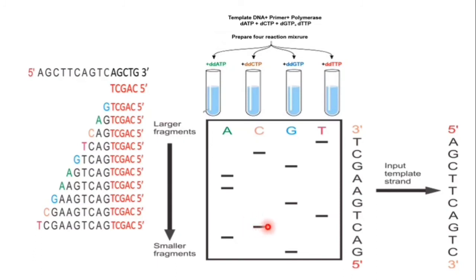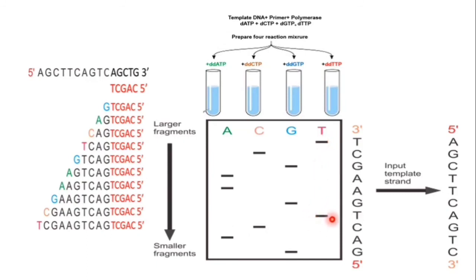So this strand's nucleotide is C: first a normal G is added, second a normal A is added, but C was dideoxy. So the sequence here was C.